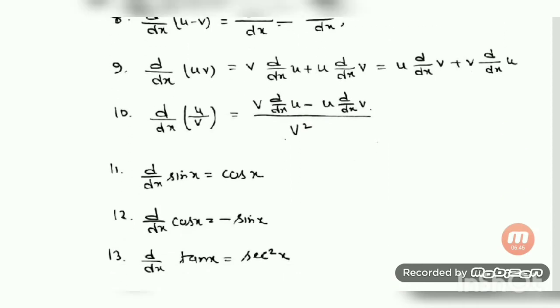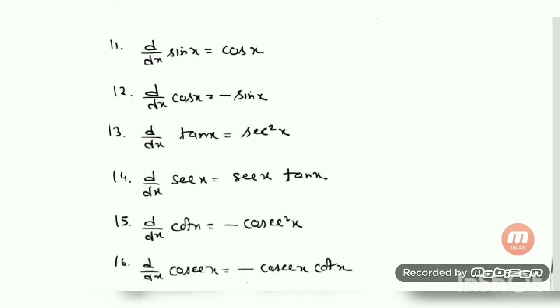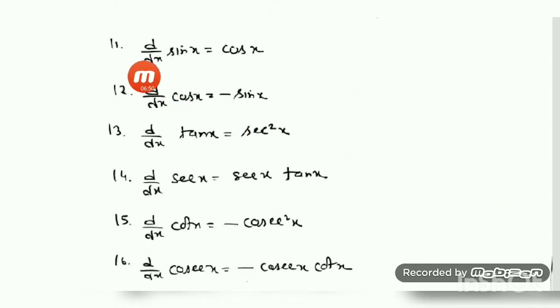Okay, the next formulas are for trigonometric functions. d/dx of sin x is cos x, d/dx of cos x is minus sin x, remember the minus. d/dx of tan x is sec square x, d/dx of sec x is sec x tan x, derivative of cot x is minus cosec square x, d/dx of cosec x is minus cosec x cot x.